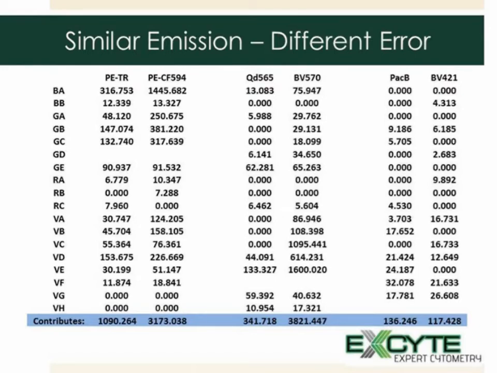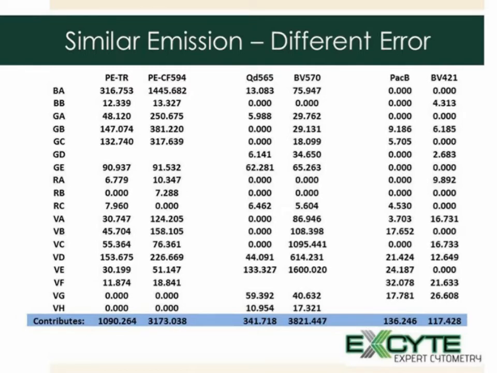If we take a look at the quantum dots in the middle panel, Q565 versus Brilliant Violet 570, we can see that that Brilliant Violet dye contributes a great deal of error throughout the panel. Again, almost 10 times the amount of error, making it, while bright, another poor choice for panel design.